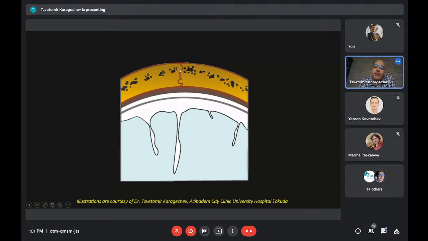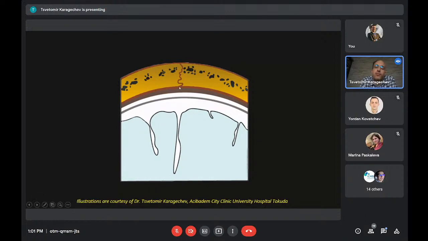So here is the calvaria. So this is the skull. And inside of the skull, overlying the inner table of the calvaria, is the dura mater. And the dura mater is firmly attached to the skull, and it's actually composed of 2 layers. They're usually called the outer and inner layer, but if you want to sound more academic, you can call them the endosteal and meningeal layer.